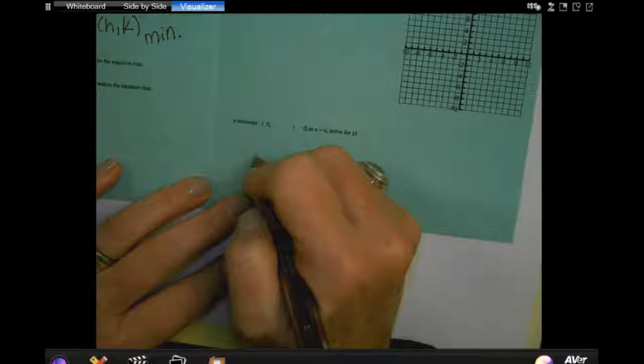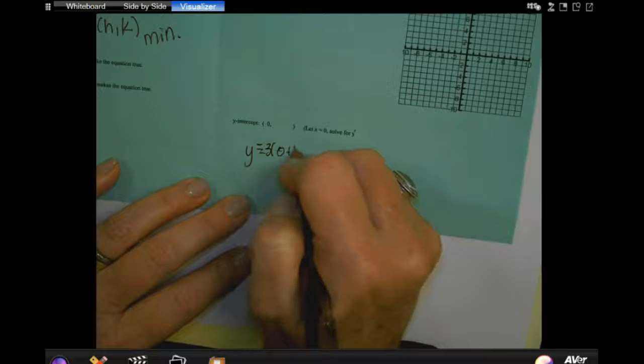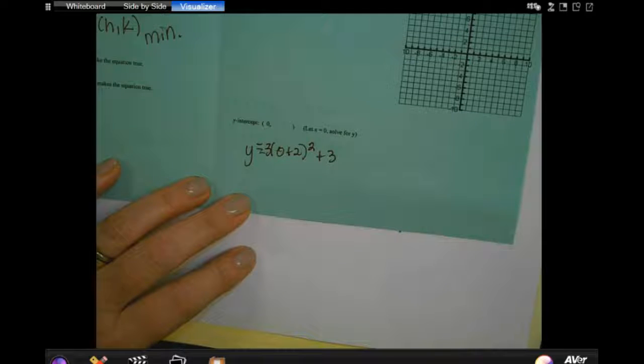I'm going to come back to the x-intercept. I want to do the y-intercept next because it's easier. So for the y-intercept, my friends, what does x equal? Zero, always. So I'm going to take this equation right here, and I'm going to put a 0 in for x. So I'm going to have y equals negative 3 times 0 plus 2 squared plus 3. So what is 0 plus 2 squared? 4.